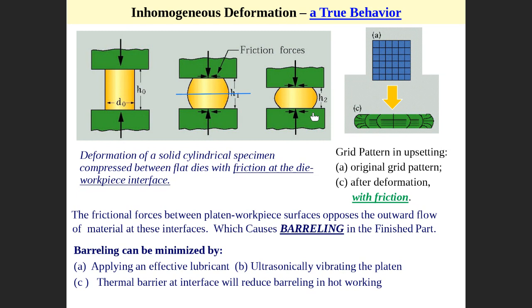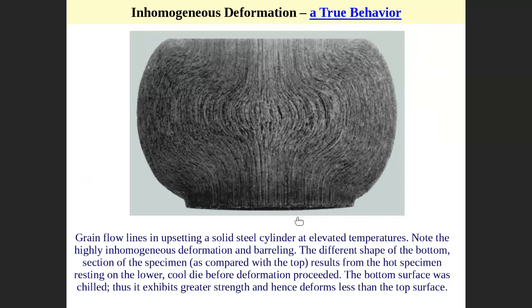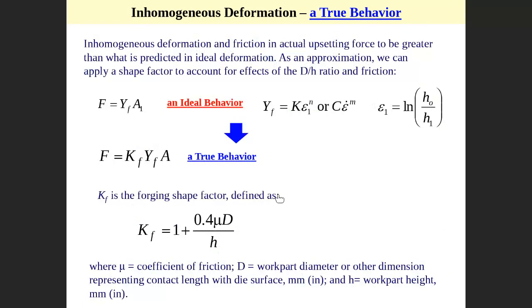Anyway, the most important thing is to think about ways to reduce the barrel shape. As I told you, you can reduce it but never eliminate it, because you are never able to make friction zero. So you get non-homogeneous deformation, which leads to internal cracks. We need to reduce this, as I described to you.